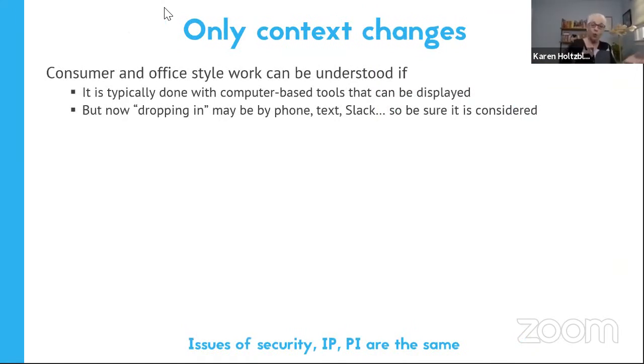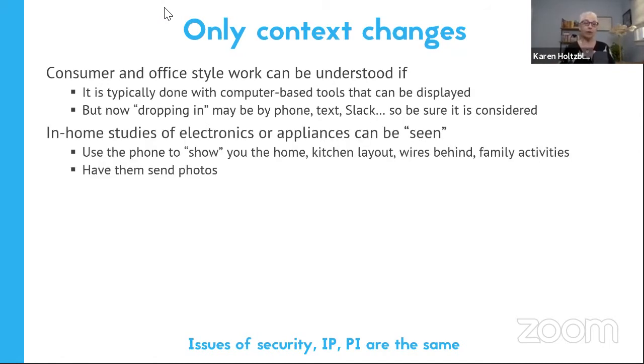So we can understand the consumer or office style work if it's typically computer based, as I said, but now dropping in isn't going to be by going to the doorway, but it might be by phone, by text, by Slack. So remember, interruptions are data too, and make sure they talk to you about them.